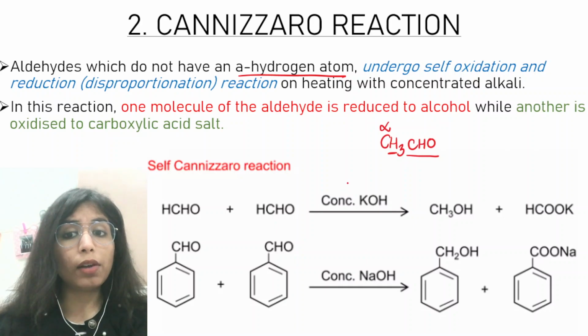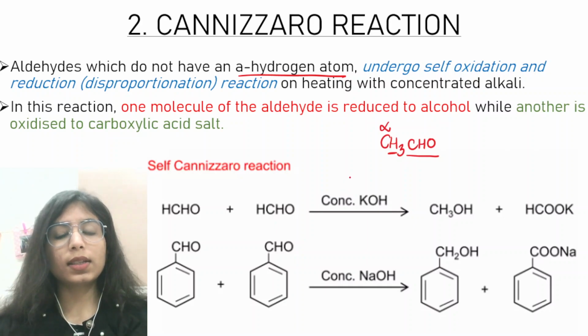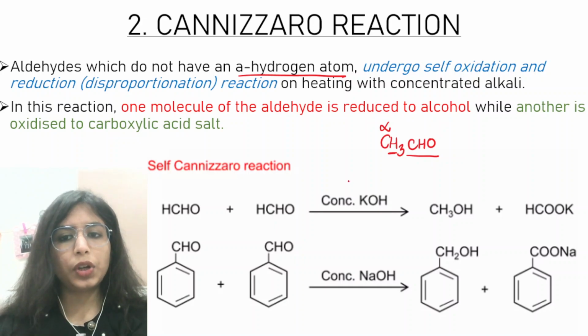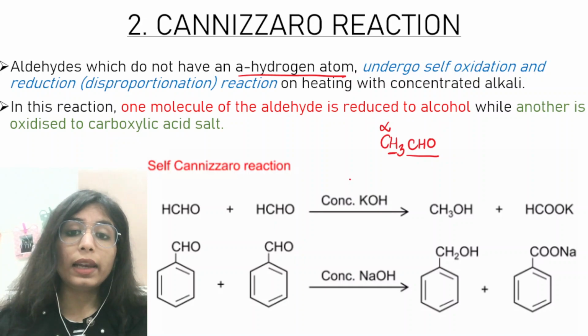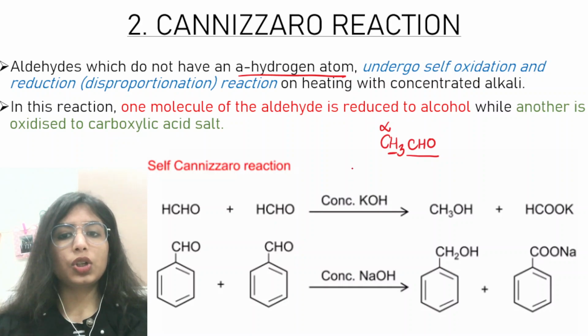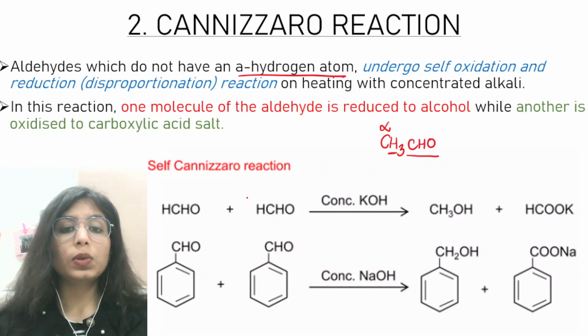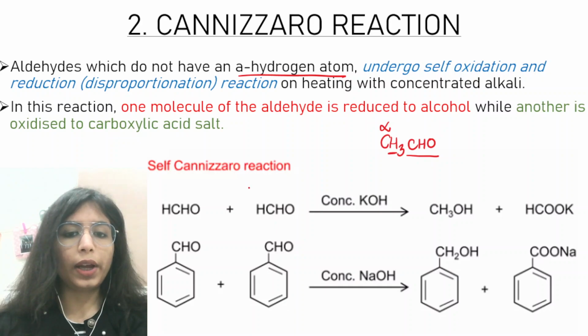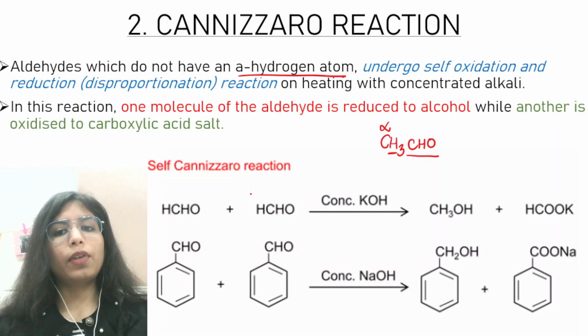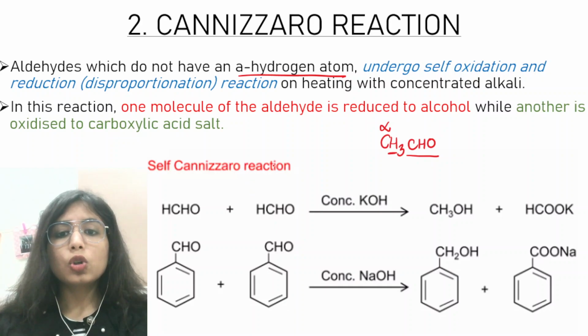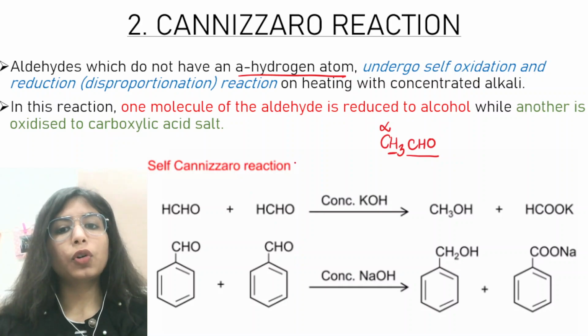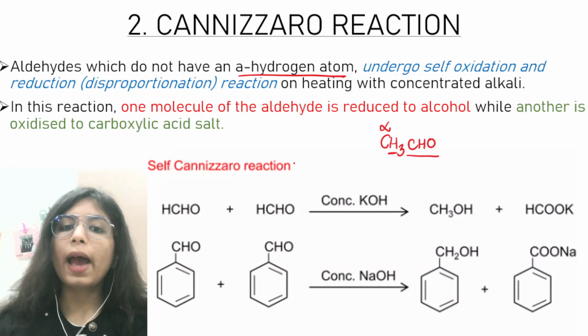All those alpha hydrogens present in this carbonyl compound were taking part in the aldol condensation reaction. But here, unlike the aldol condensation reaction, the Cannizzaro reaction takes place with molecules which do not contain alpha hydrogen. Simple. So the prerequisite for this reaction to occur is that the alpha hydrogen must be absent.